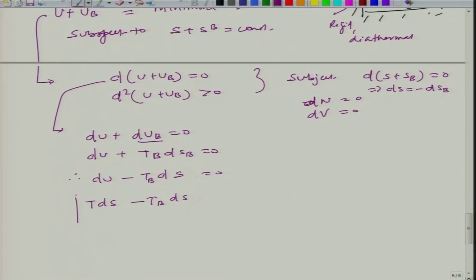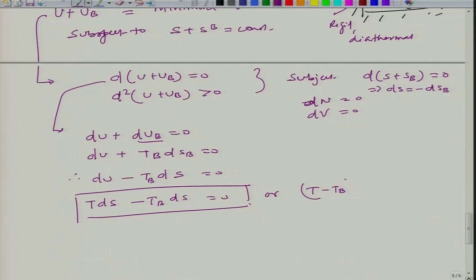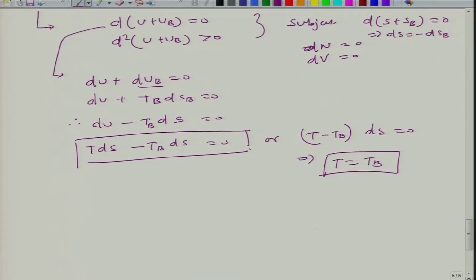So, this is the expression we have now. I can write dS in terms of S_B also. From here I can obtain T minus T_B, and with this you have (T minus T_B) dS equal to 0. This would mean that T is equal to T_B, that is the condition of thermal equilibrium, essentially very intuitive, but from this exercise we could get that.